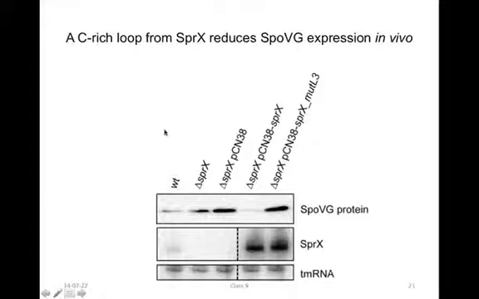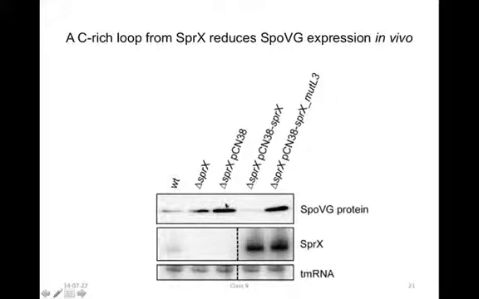Next one, figure 6. They're looking at the C loop again, and if you add the SPO-VG protein in wild type, you get a little bit of a band. In the deletion mutant, you get a stronger band of SPO-VG protein.